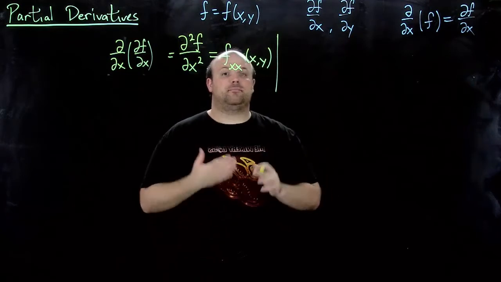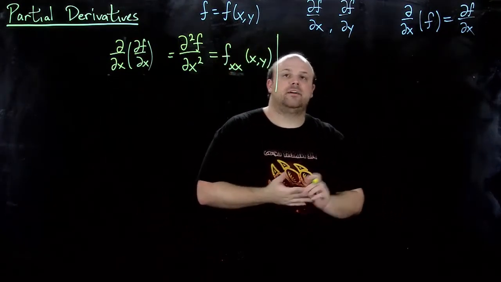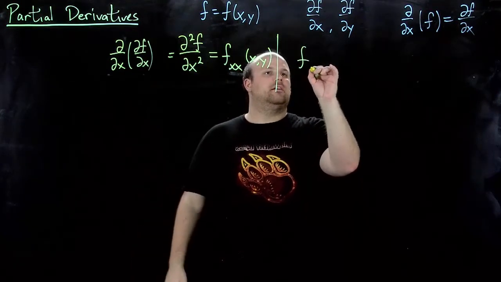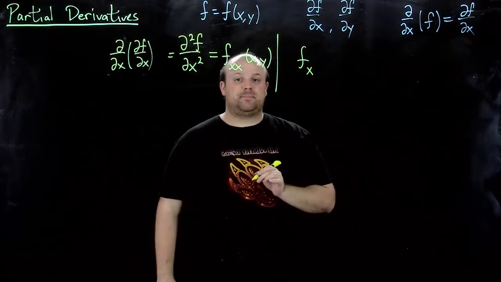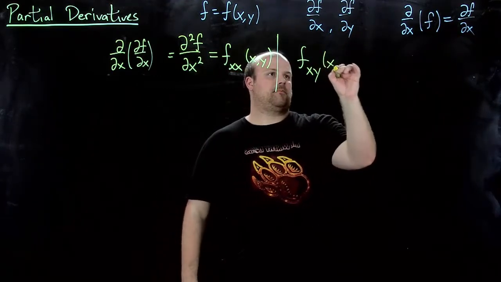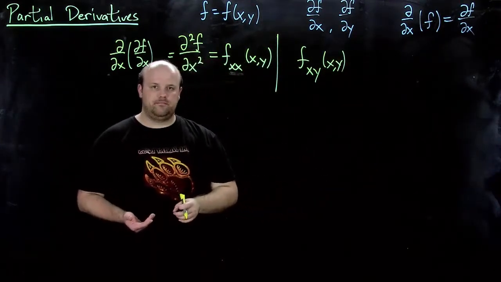Now where that's more evident is, let's say we want to do the derivative of f. I'm going to do it a little bit backwards here now. First with respect to x, then with respect to y. Okay? So let's say I want to find this derivative.